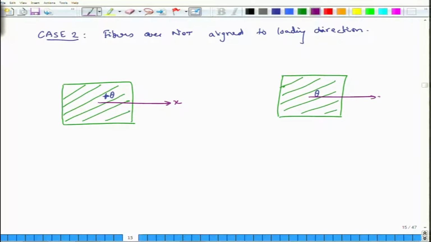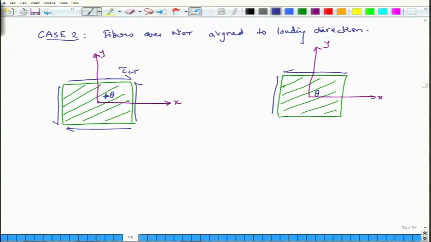So, here also the orientation of fibers is at positive theta with respect to the x axis. This is my x axis, y axis. But the difference in these two cases is that in one case I have a positive shear, this is tau LT, and in the other case I have negative shear.